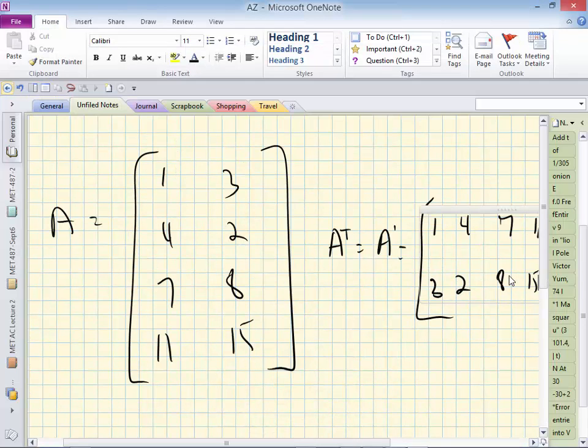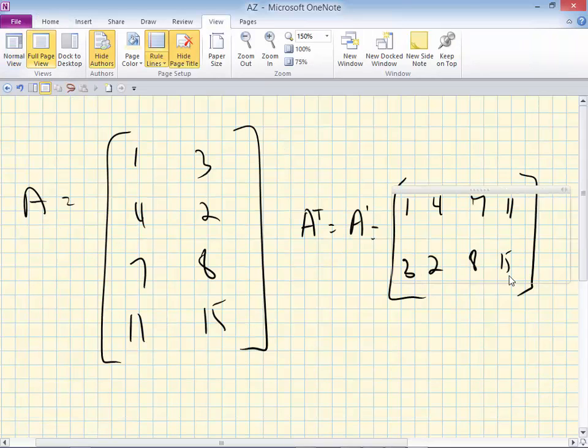If I want to multiply, we want to go back to full page view.